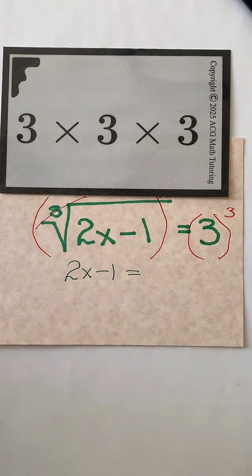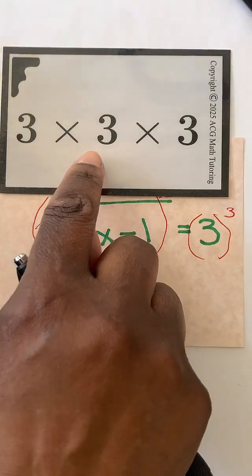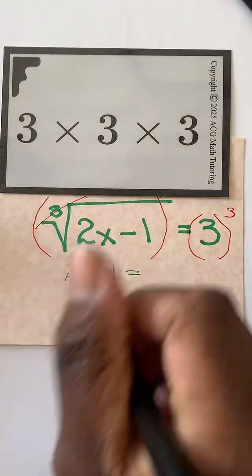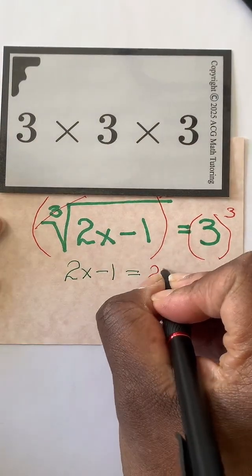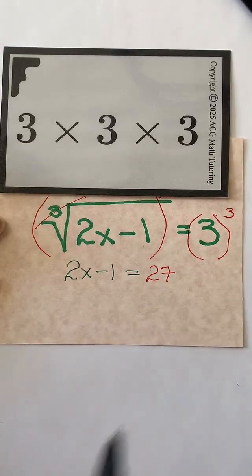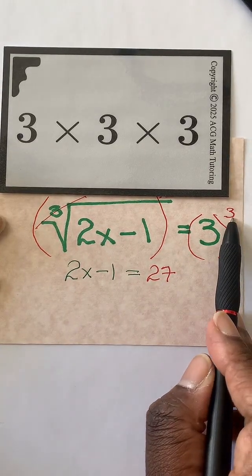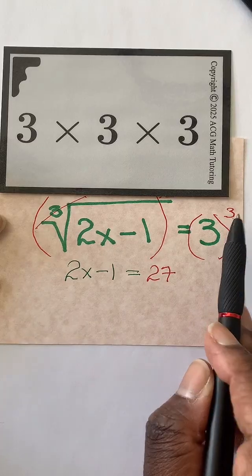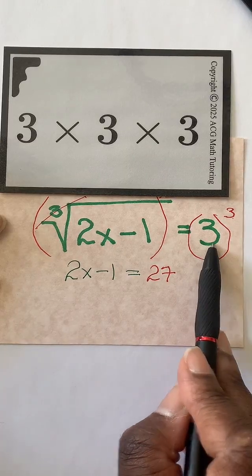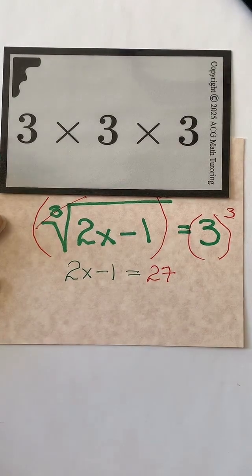Now, 3 times 3 is 9, and 9 times 3 is 27. So 3 cubed is not 9. This exponent is telling this base you need to multiply yourself 3 times.